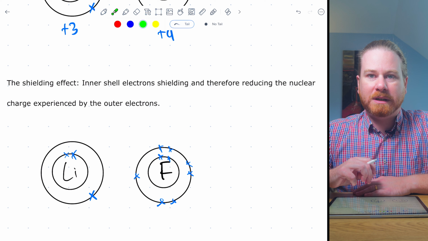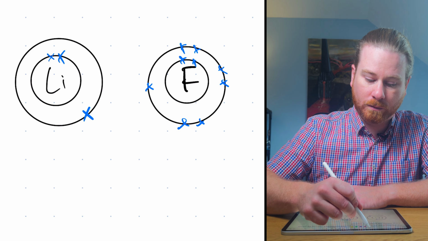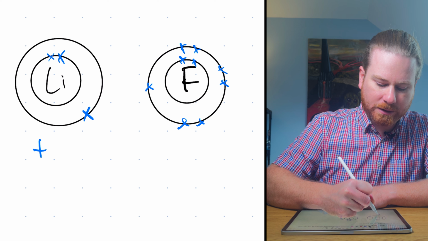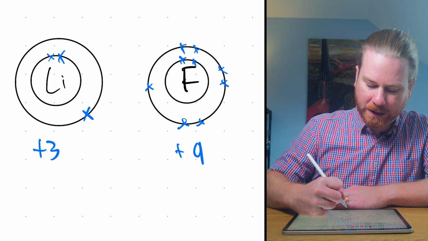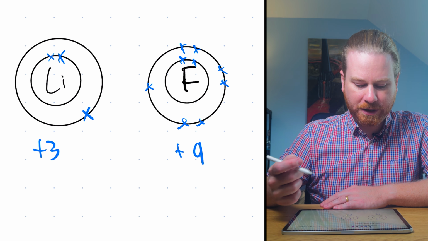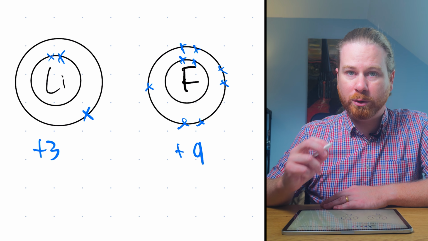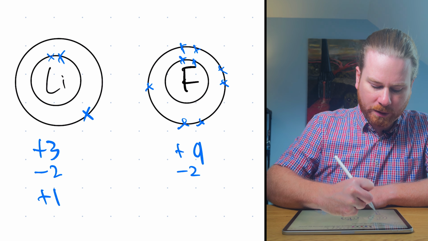Again, we can use lithium and fluorine as an example. Lithium still has 3 positive protons, and fluorine still has 9 positive protons. Now let's have a look at the effective nuclear charge. Both have 2 inner electrons, so we subtract 2 from each.